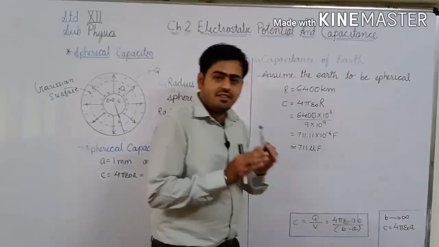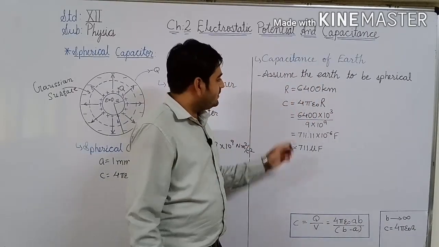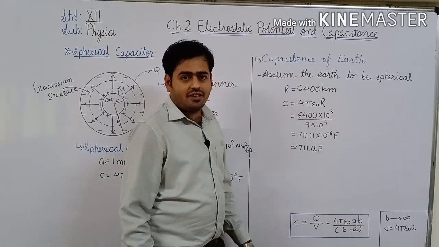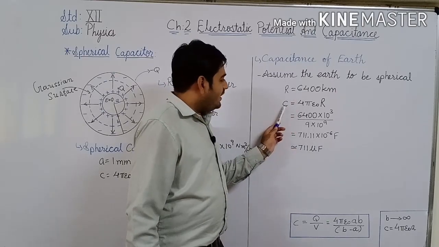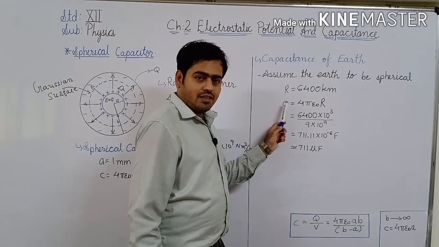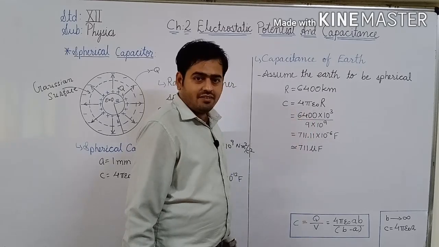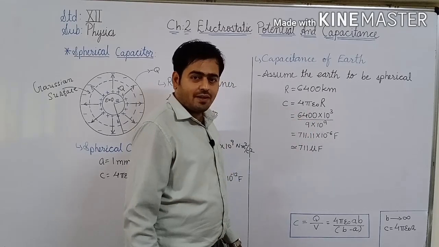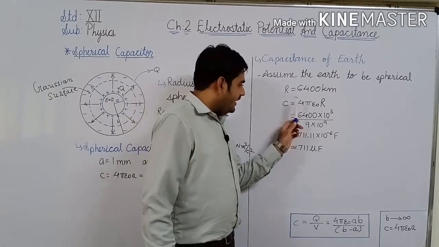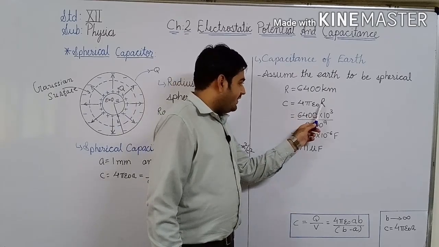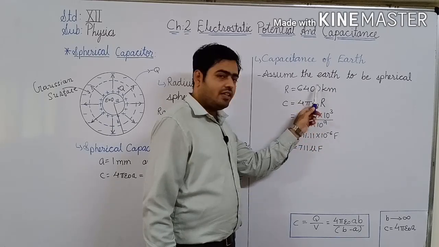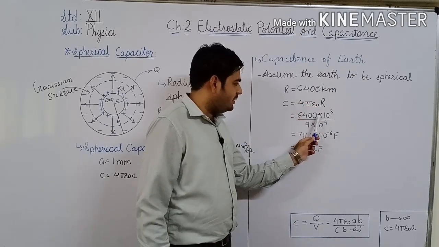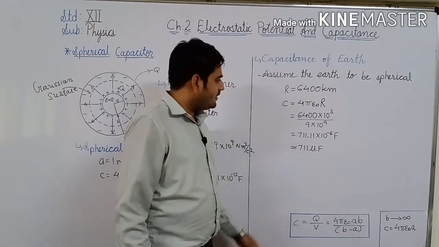That is the radius of the spherical conductor. Radius of earth, that is 6400 km, and the formula for spherical capacitor is 4 pi epsilon naught R. When we consider only a single spherical conductor, we can write the value of radius R as 6400. Convert kilometer into meter, then 6400 into 10 raised to 3.